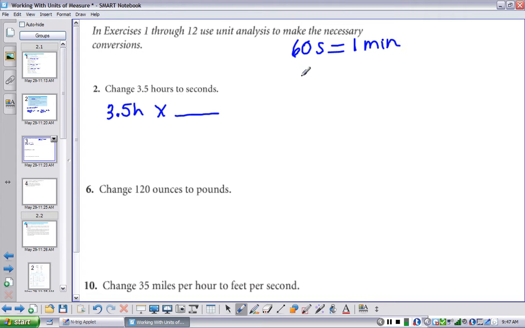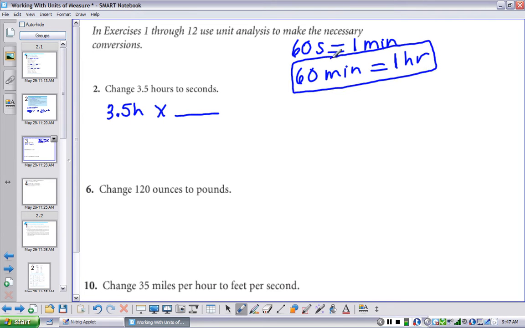And we know that 60 minutes equals 1 hour. So our goal here is to go from hours to seconds. Now, we're going to have to go from hours to minutes to seconds. So when I see 3.5 hours, I need to look at that equation there, and I need to make it so that I am canceling out hours.